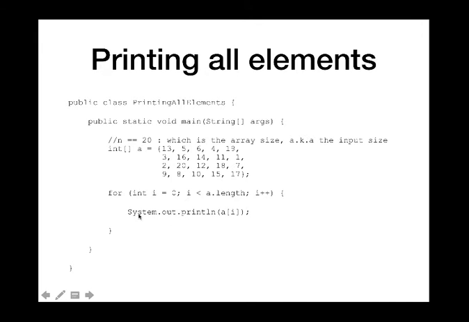Then the whole work lies on printing the elements, which is done one step at a time. I have my for loop, and the green arrow indicates where I'm doing the actual work, the interesting thing. So my time complexity is O of n, because I'm going through all n elements, and my space is O of 1, as I am not using any extra space.